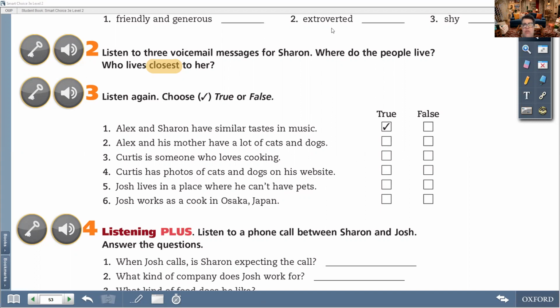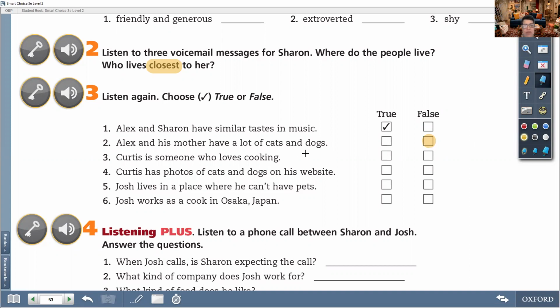Before we listen to Curtis, let's see number two. Okay, Alex and his mother have a lot of cats and dogs. Is it true or false? Yeah, very good. It's false. They only have cats. He says here, we have a lot of cats, but no dogs.